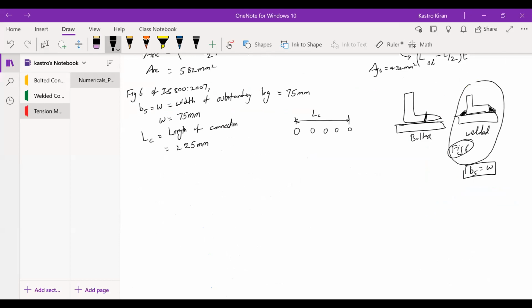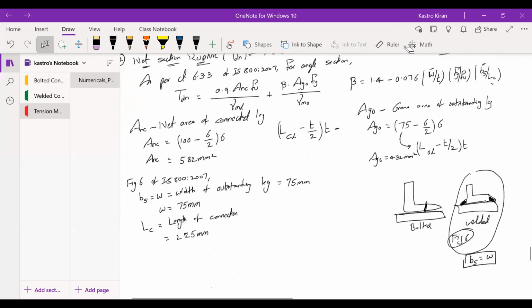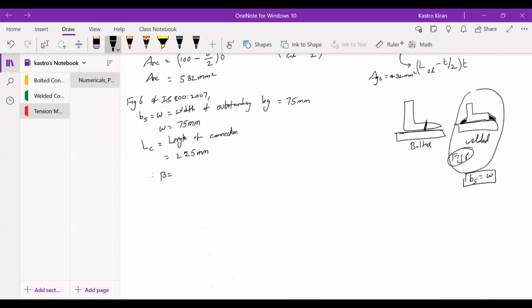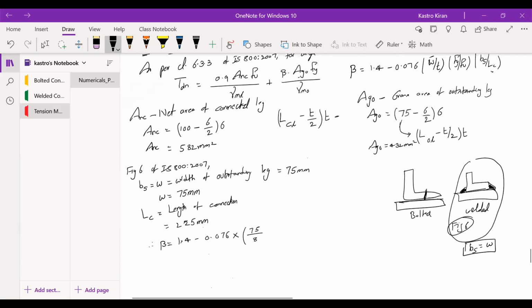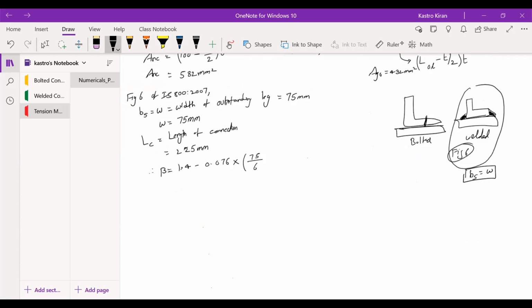Now let's substitute all the values in the beta formula and obtain the value of beta. So beta equals 1.4 minus 0.076 into W by T, where W is 75 and T is thickness of the angle section, which is 6, not 8, into Fy by Fu.